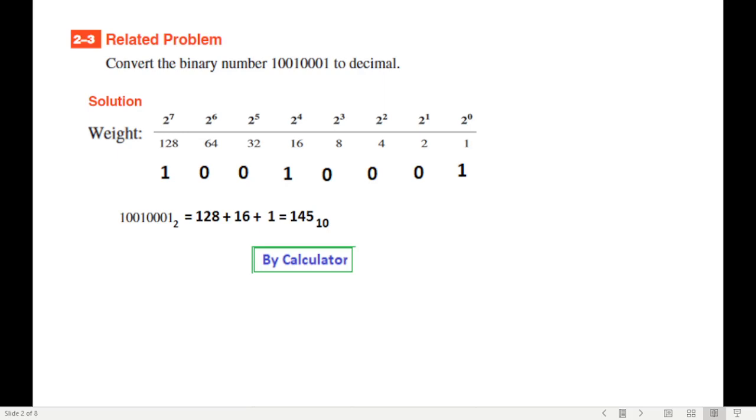We want to input binary numbers, so we'll select binary. Now we'll input 1001, then 0001, and we'll press the equal sign, and we want the answer in decimal, so press this decimal button. So 145 is the answer. That means our answer is correct.